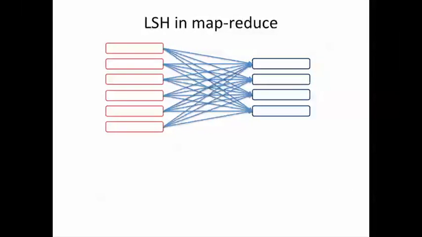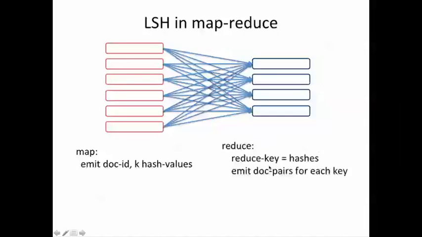Now let's consider locality sensitive hashing. In the map phase, you start with documents and compute k hash values for every document. These could be the k hash values we used for fingerprints, or they could be others as are described in the Rajaraman and Ullman book for documents. The reduce key is now the k hash values.